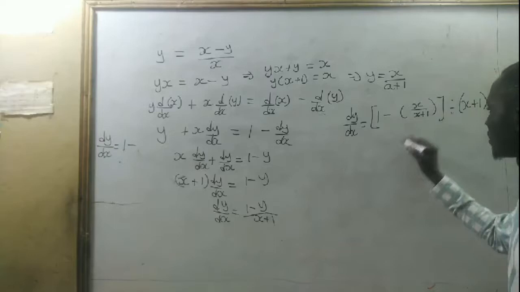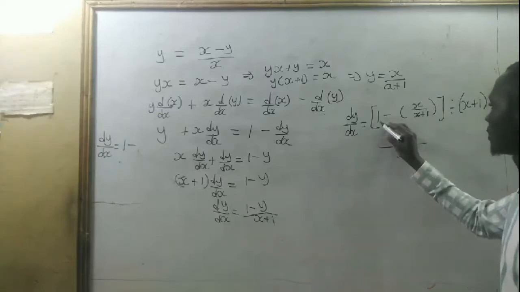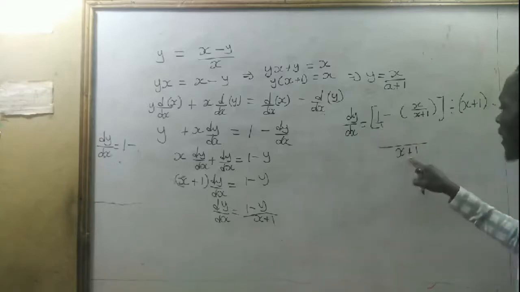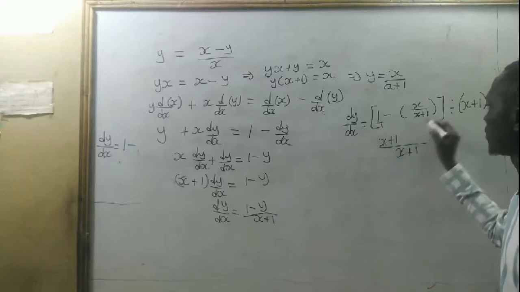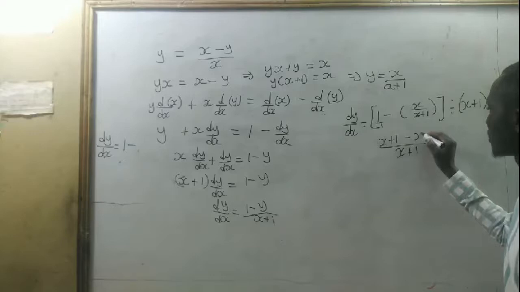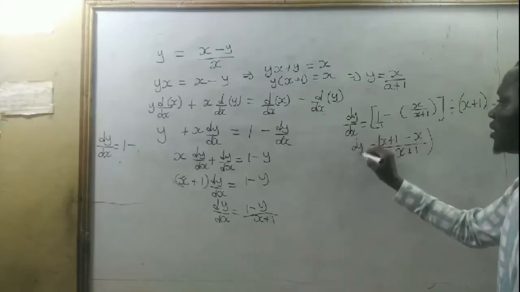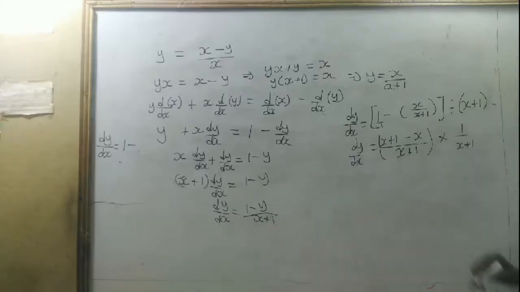Now let's simplify this. Here the LCM is x plus 1. So this 1 is over 1. 1 divides x plus 1, times this, we are having x plus 1. X plus 1 divided by x plus 1 times x will give us negative x. dy on dx times 1 divided by x plus 1, so we turn this one upside down.